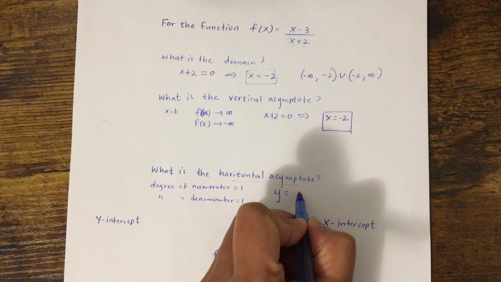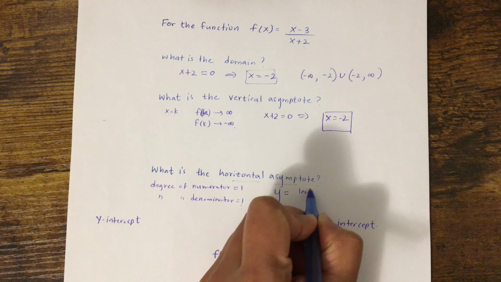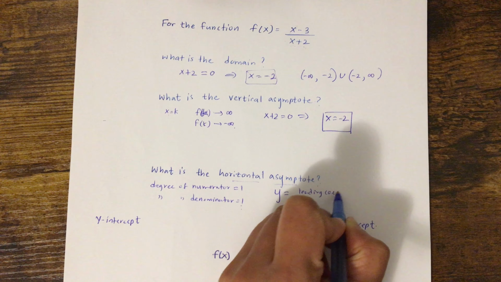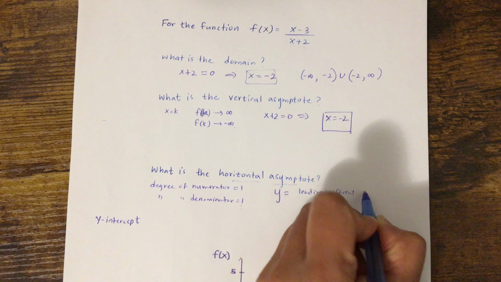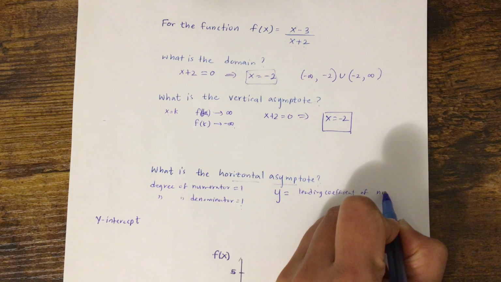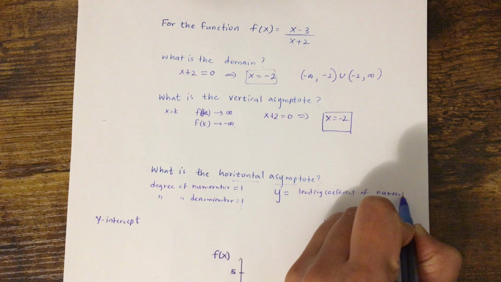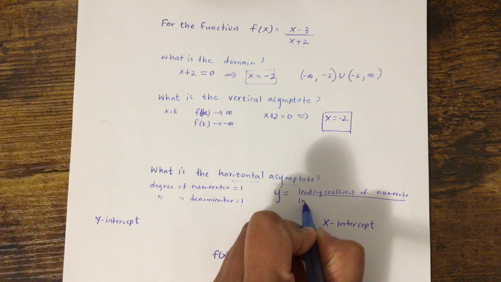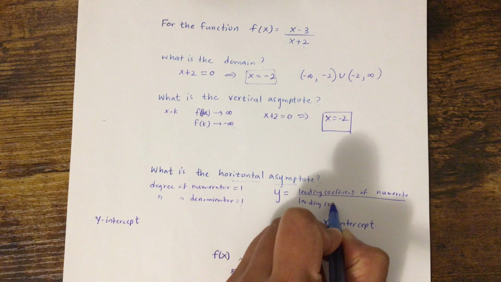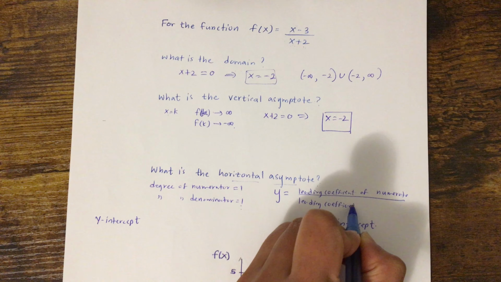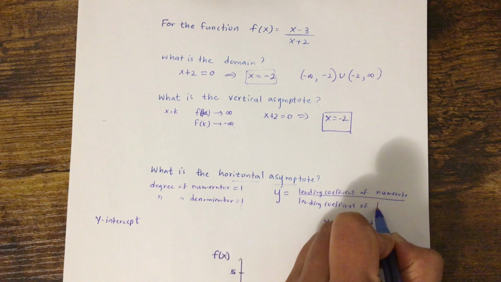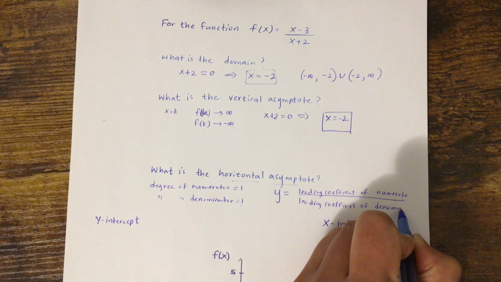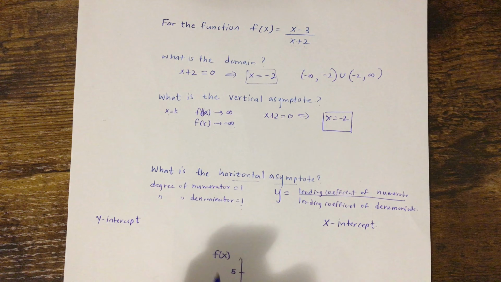So you divide the leading coefficient of the numerator by the leading coefficient of the denominator, right?